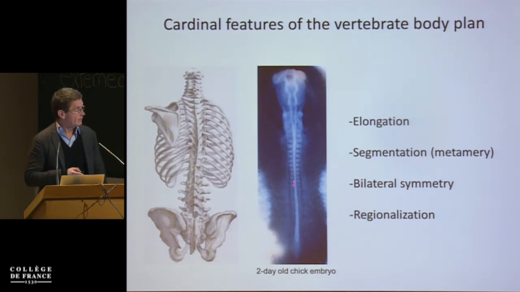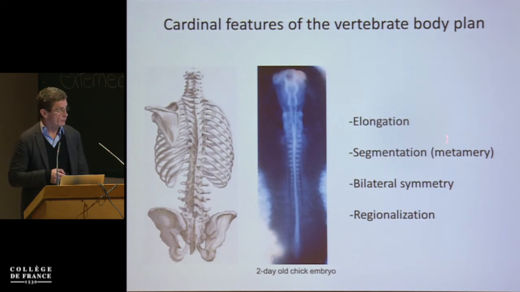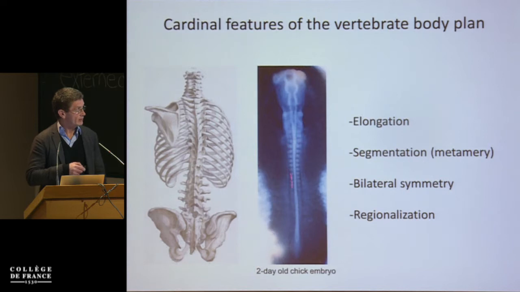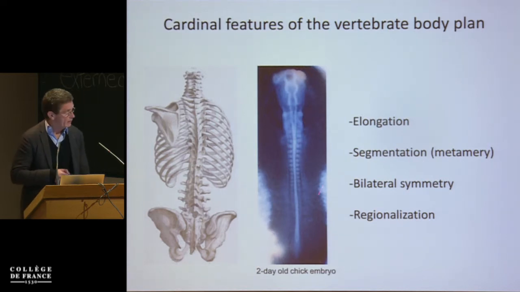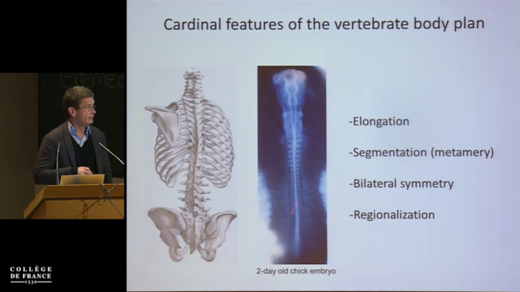One is the elongation, the fact that in vertebrates the body axis is an elongated structure. Second one, which I'll discuss, is the segmentation, namely the fact that it's composed largely by repeated anatomical modules, like the vertebrae here or the somites in the embryo. And the third one is the bilateral symmetry. And the last one would be the regionalization, namely the fact that you have a head and a tail and so on.